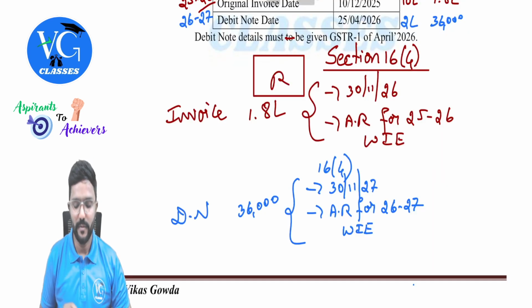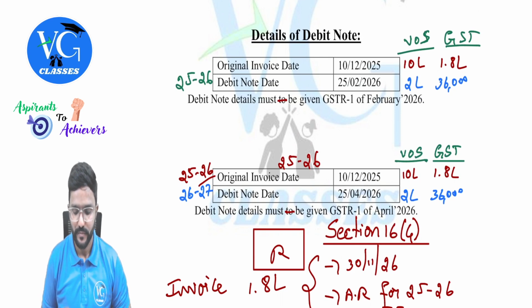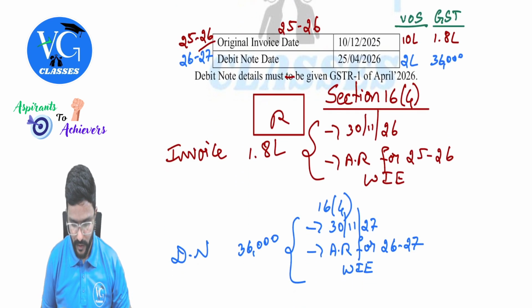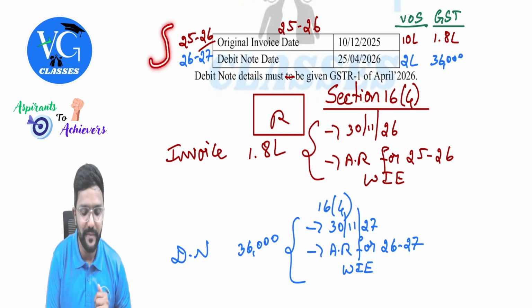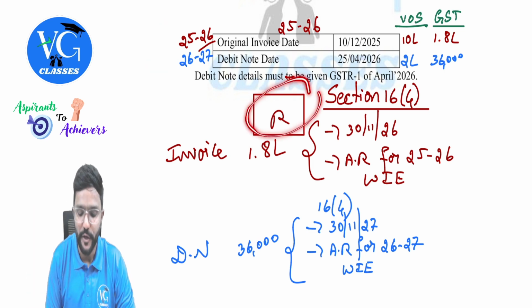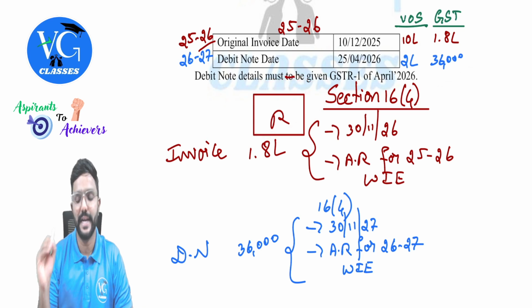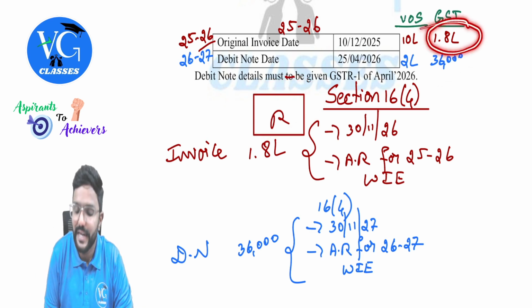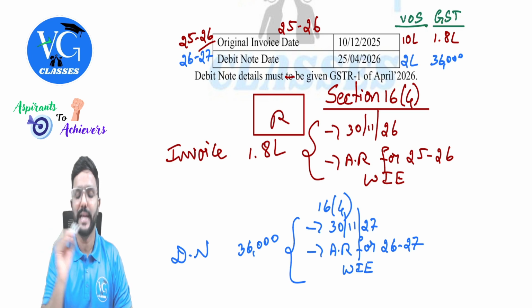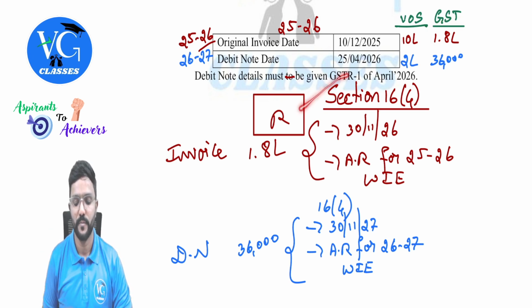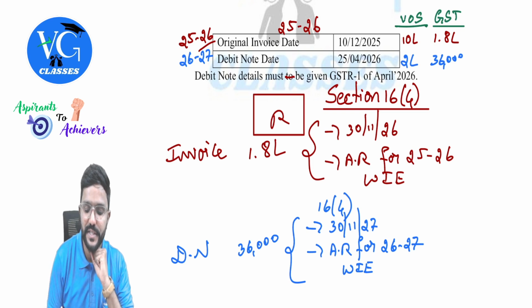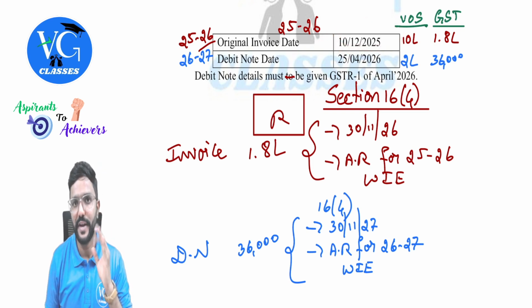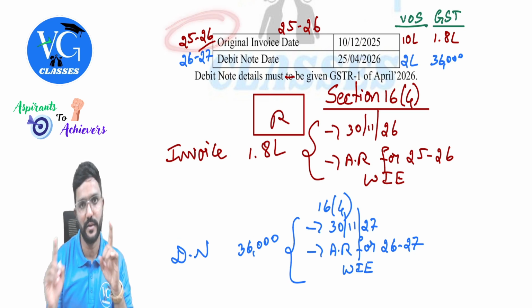Okay. Now let us try to connect these cases. This case I will explain from recipient's point of view. As per section 16.4, what is the deadline? So to claim a credit of 1,80,000, what is the maximum time limit available for recipient? So this invoice is issued on 10th December 25. So that means financial year is 25-26.